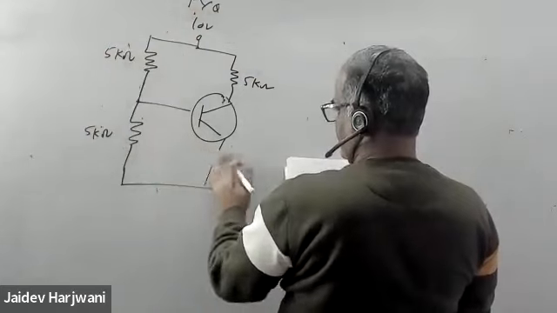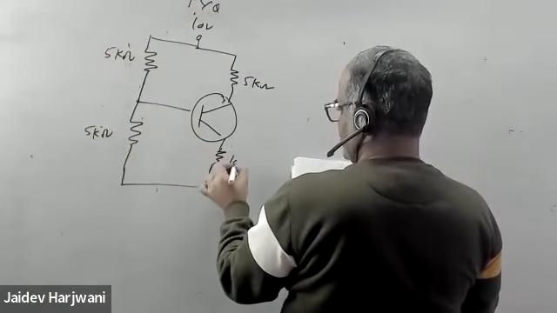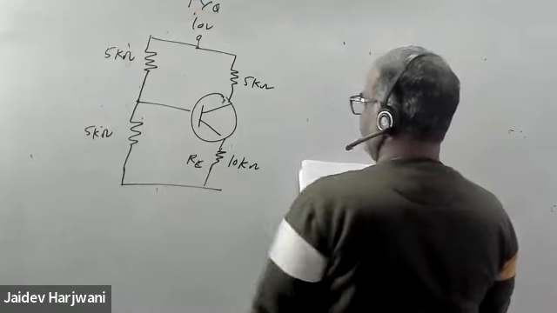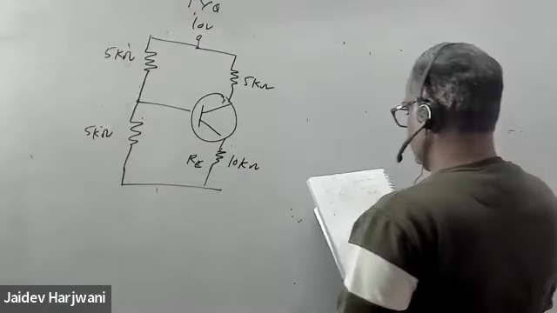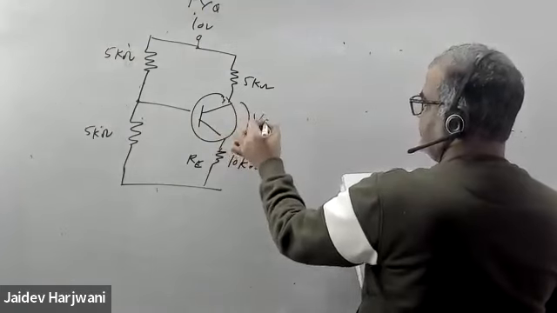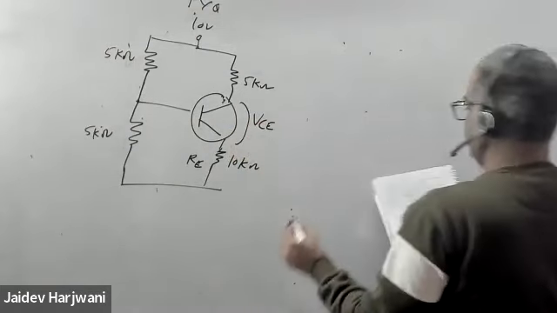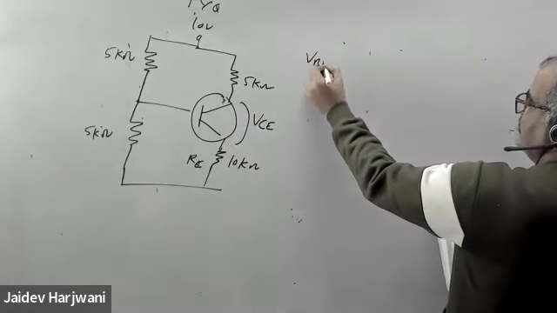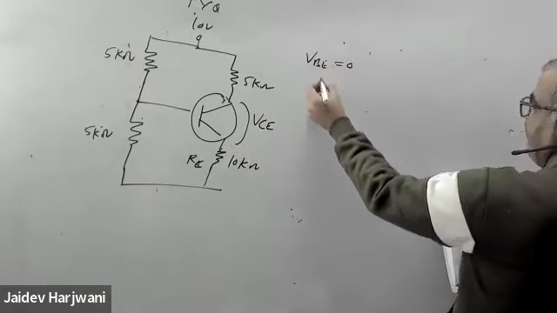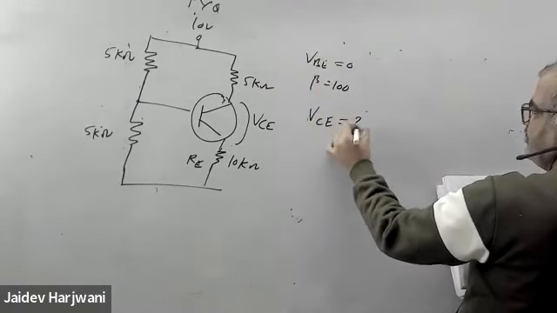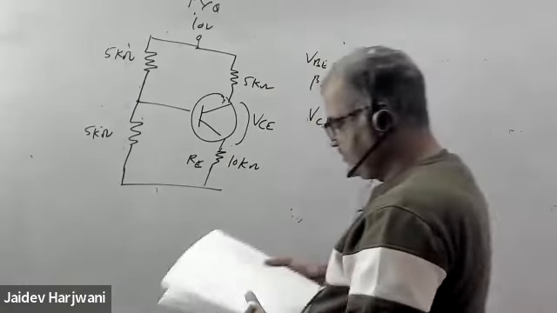Here they have put 10 kilo ohm RE. Then the question they are asking is what is the value of VCE? They say take VBE as 0, neglect VBE, and beta is given 100. Find out the VCE value.